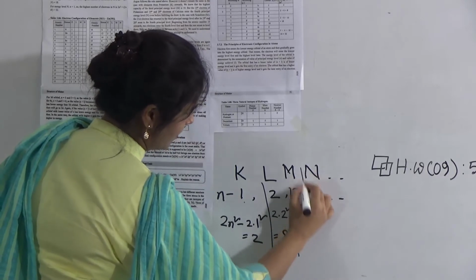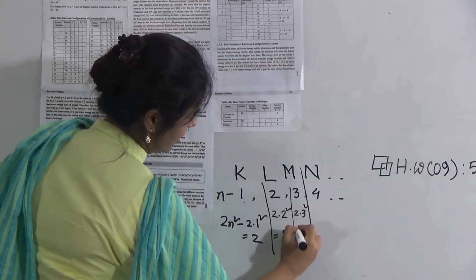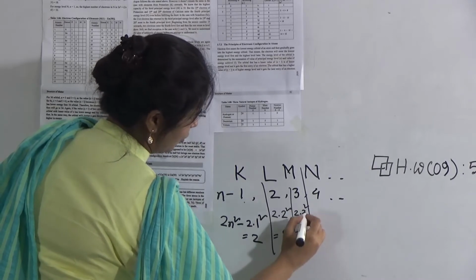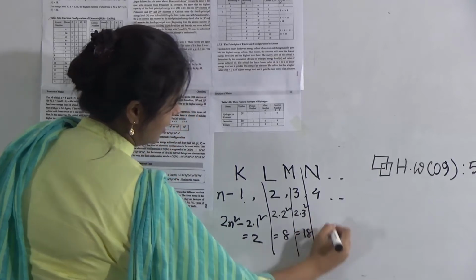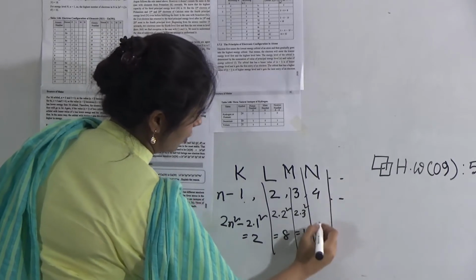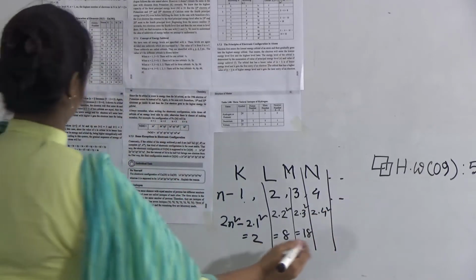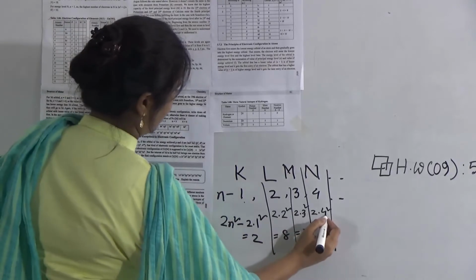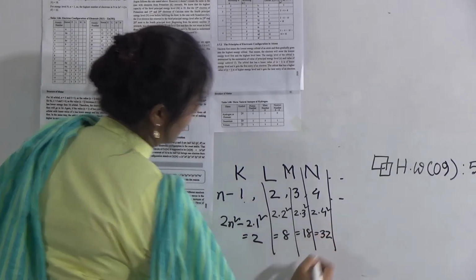In the third orbit there will be 2 into 3 square, that means 3 3s are 9, 9 2s are 18 electrons.